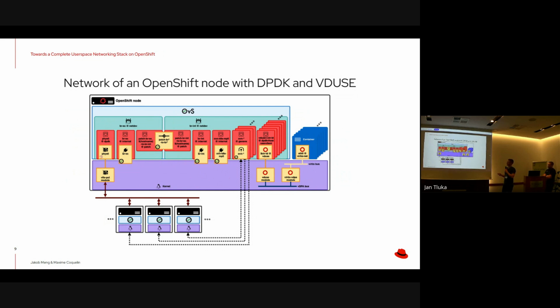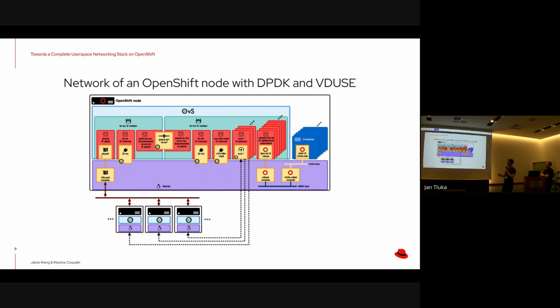The interesting part here is the right side, where we have VDUSE devices in OVS and virtio-net NetDev in the containers. Although the control path is of course handled by the kernel, the packet exchange is through user space, not depicted here.